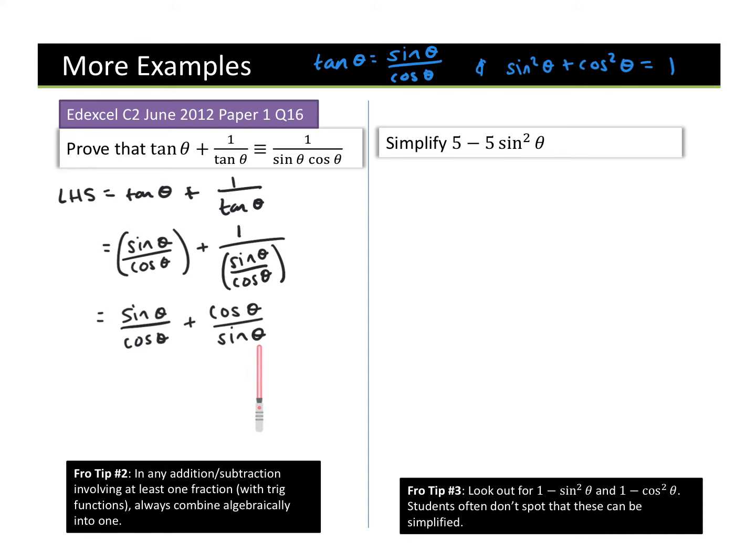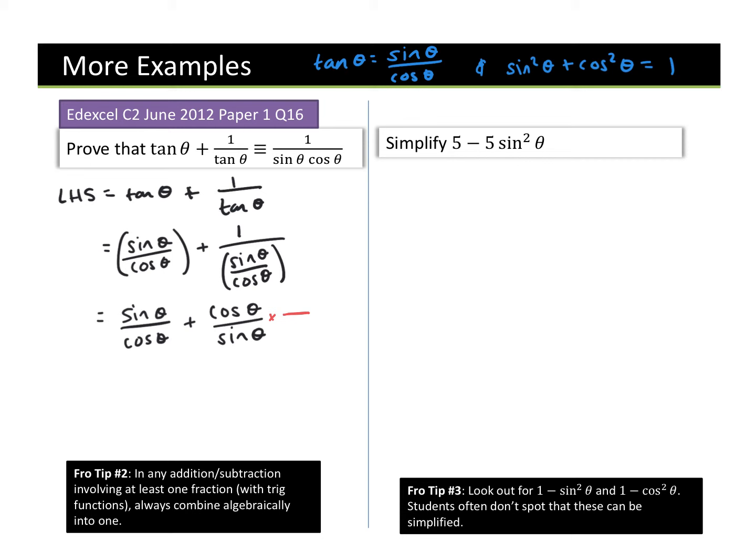Then, when I add fractions, I need to make sure they have the same denominator, don't I? Yeah? So I'm going to multiply this whole side by sine, multiply this whole side by cos. Or you could cross multiply, I don't mind. Whatever I do to the denominator, I have to do to the numerator. Sorry, wrong way round.